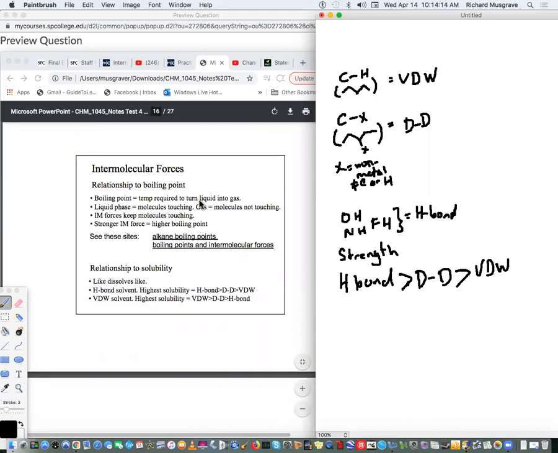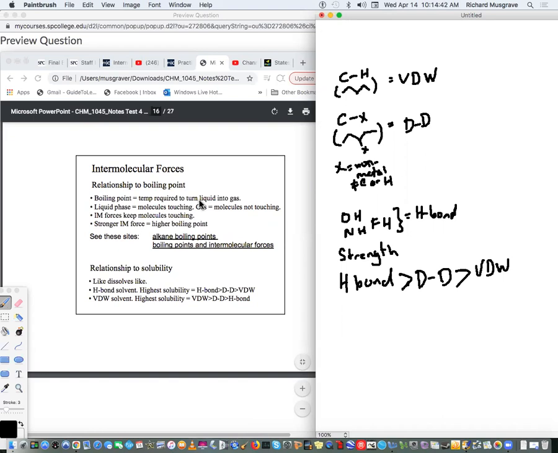All right, so now we can sort of tie all this up in a bow. We can see exactly how we can use these intermolecular forces to do problems. And the first thing that we need to be aware of is what boiling point is. Boiling point is the temperature required to turn a liquid into a gas. So when you're boiling water, that's what you're doing. You're turning the liquid into steam, liquid water into gaseous water, which is steam. In the liquid phase, we have molecules touching.